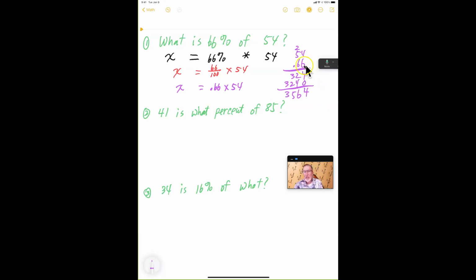And then we have 2 decimal places to look at. So 66% of 54 is 35.64. So X is equal to 35.64.